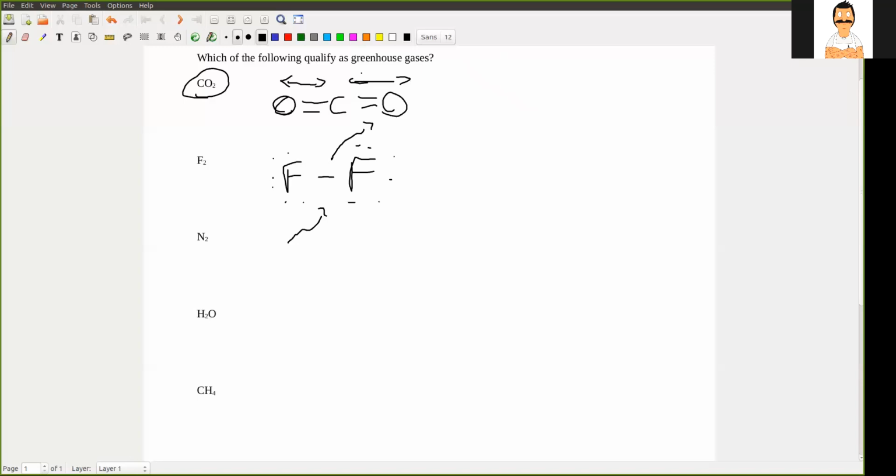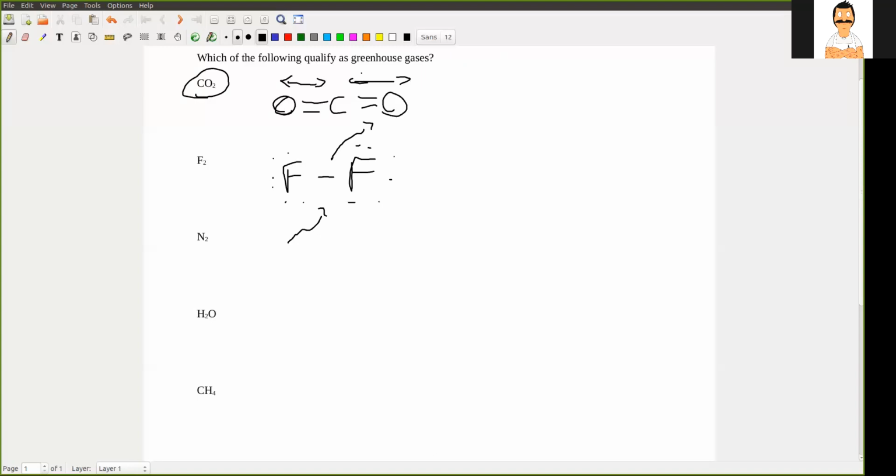So if all that photon experiences is molecular fluorine on the way out from the planet into space, it'll just go right into space, and that'll allow our planet to stay a little cooler. Versus if it hits carbon dioxide, it will oscillate and hold that heat energy in the planet.